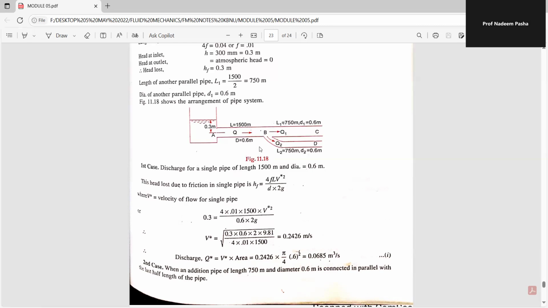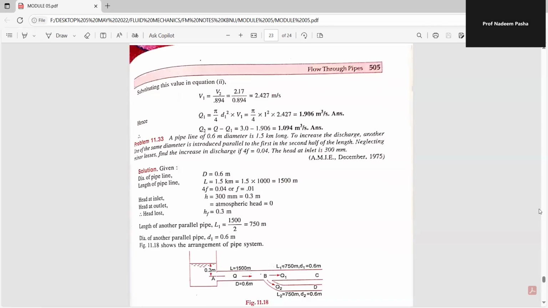So in the second case, what is happening? An additional pipe of length 750 meter and diameter 0.6 is connected between the last half length of the pipe. Initially the pipe was this much, and now we are adding one more pipe, of length 750 meter and diameter 0.6. As a result, these two pipes are in parallel.